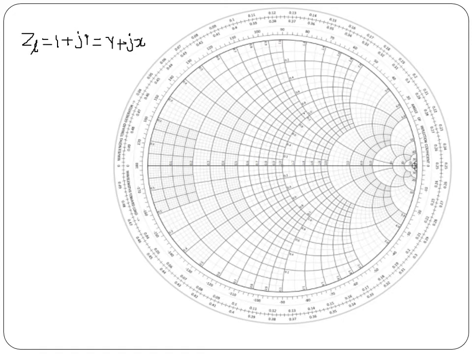R equal to 1 and X equal to 1 coincide at this point. Name it as A. This is the ZL position. ZL is equal to 1 plus j1.